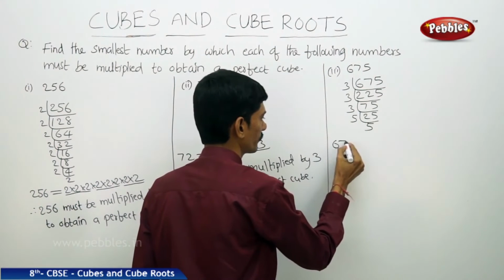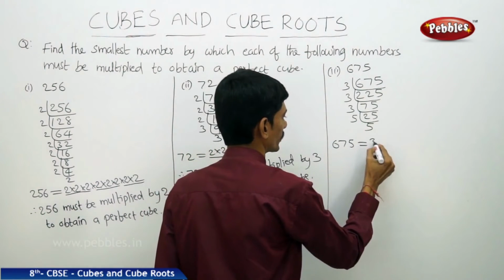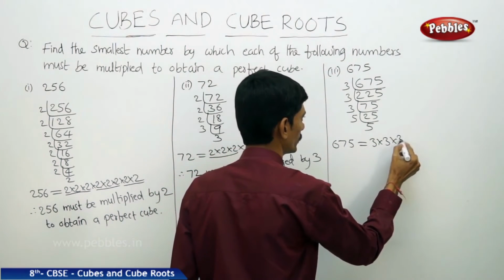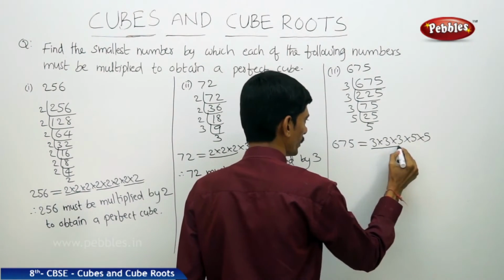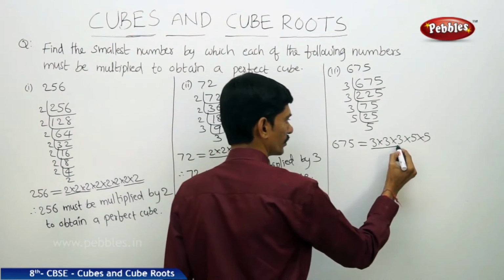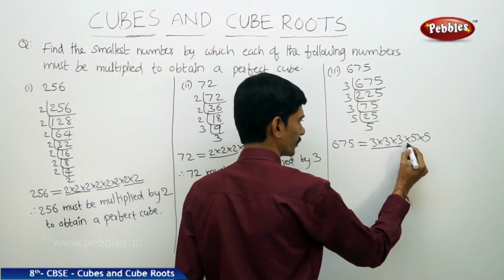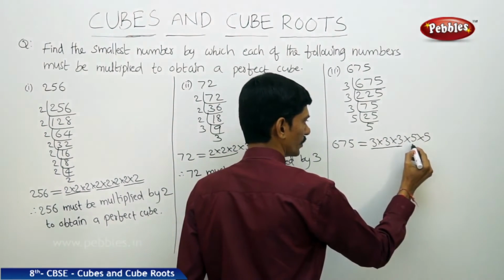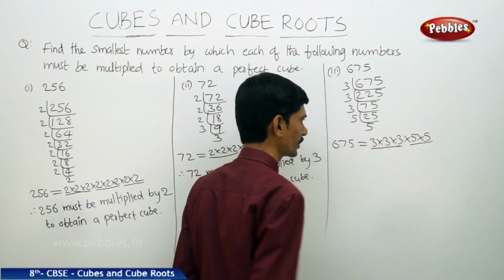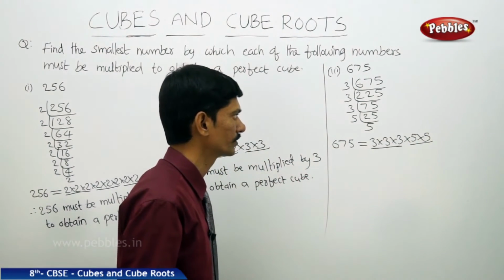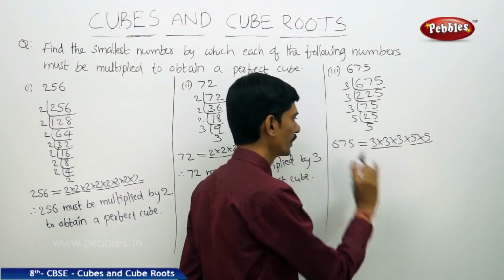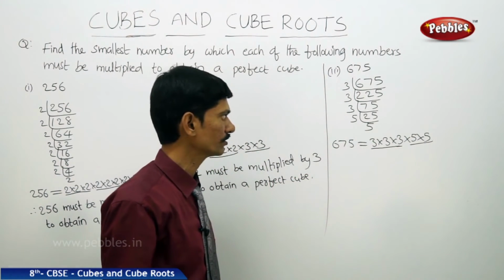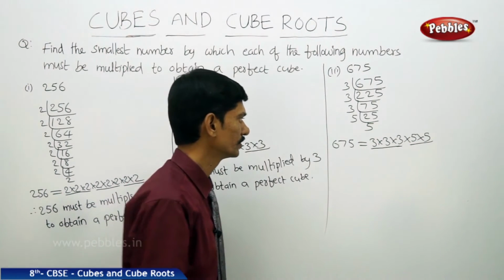Now 675 equals 3 into 3 into 3 into 5 into 5. So in the prime factorization of 675, the first prime factor 3 occurs 3 times, but the second prime factor 5 occurs only 2 times. So to make a group of 3, the given number 675 should be multiplied by 5.